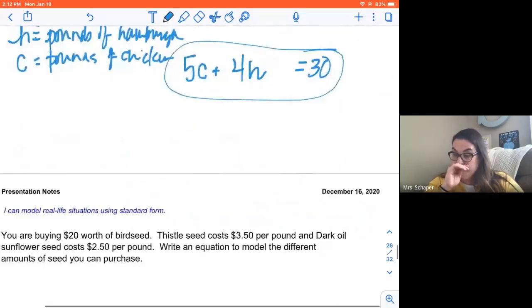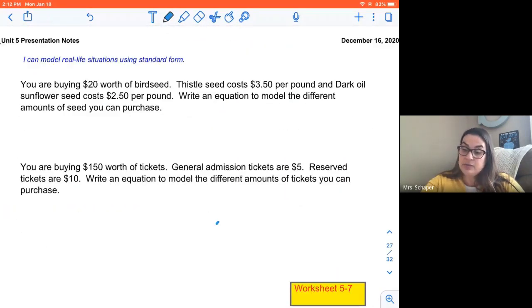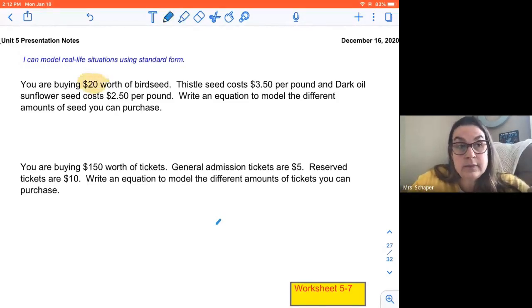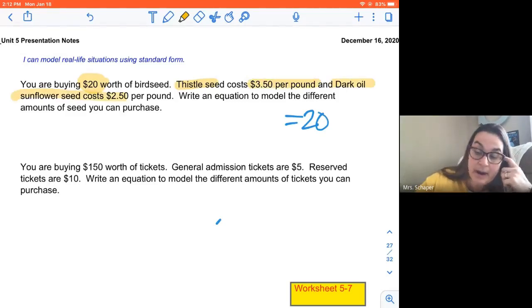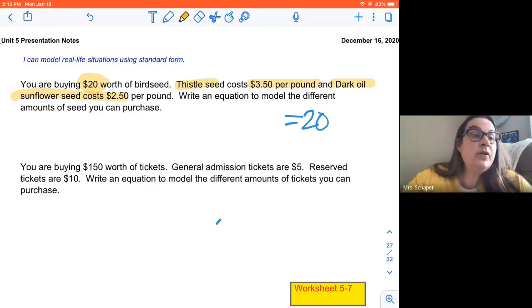All right, next one. You're buying $20 worth of birdseed. That's my total, so it's going to equal 20. Thistle seed is $3.50 a pound, and dark oil seed is $2.50 per pound. We're going to write an equation to figure this out.